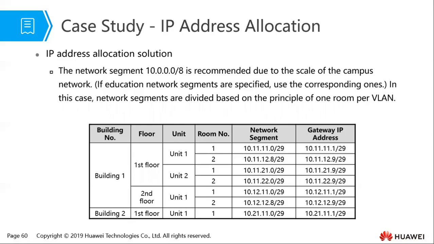If the education network segments are specified, use the corresponding ones. In this case, network segments are divided based on the principle of 1 room per VLAN. Remember, we said we are giving each room a VLAN.